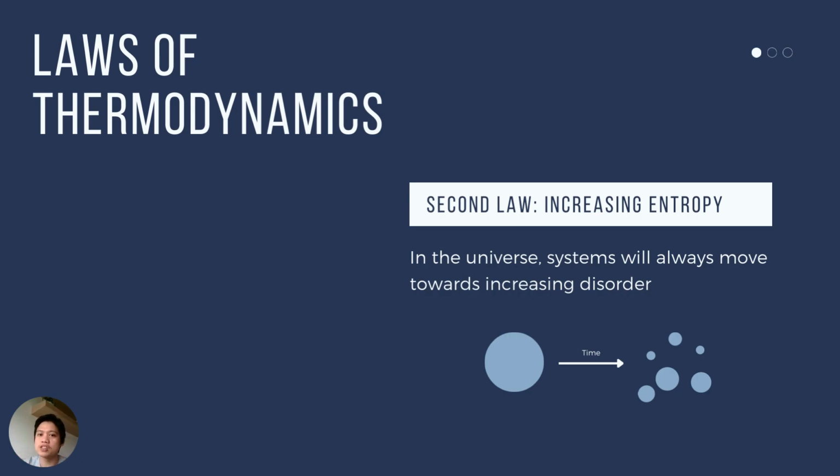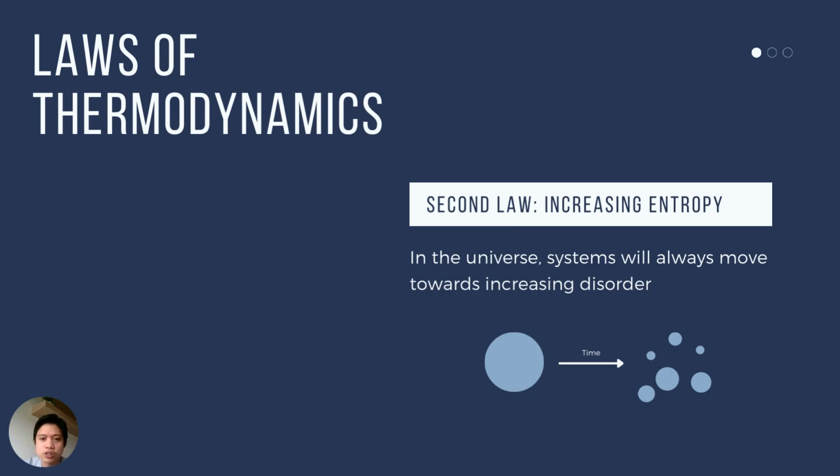As it progresses through time, as it ages, it will continuously accrue changes that relate to disorder. So for example, in this image, in the bottom, you can see a big circle.